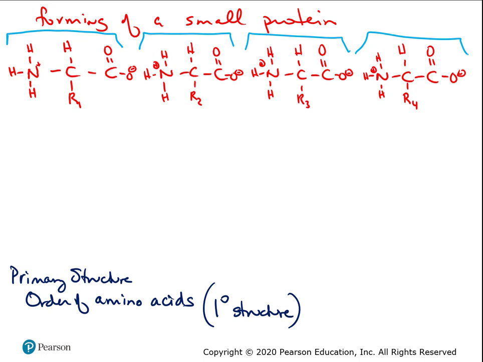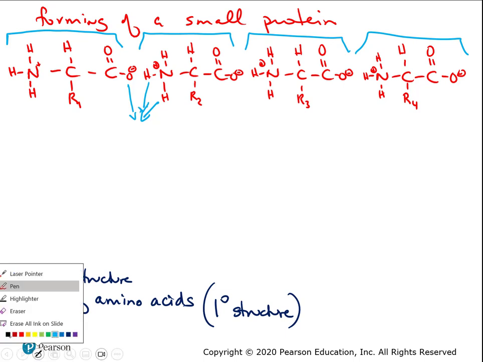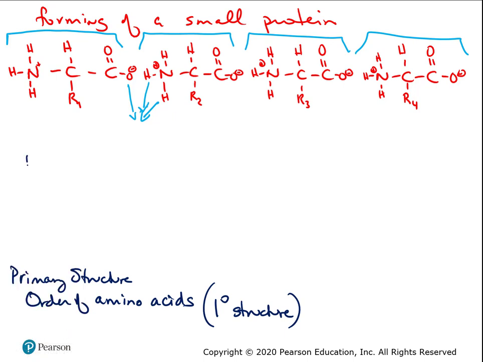Now if we're going to link them, we pull oxygen off of the carbon on the first amino acid and pull the 2 hydrogens off of the nitrogen from the second amino acid. So a water will be formed. Now the end nitrogen doesn't change. It is still an amine and has a positive charge.